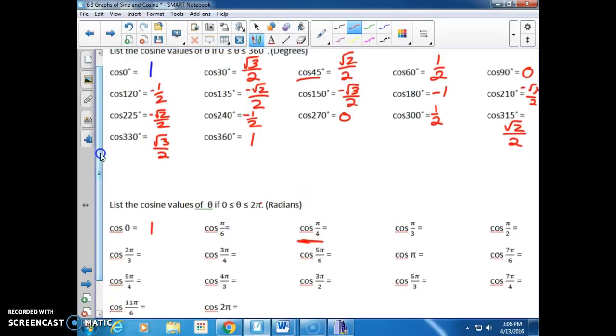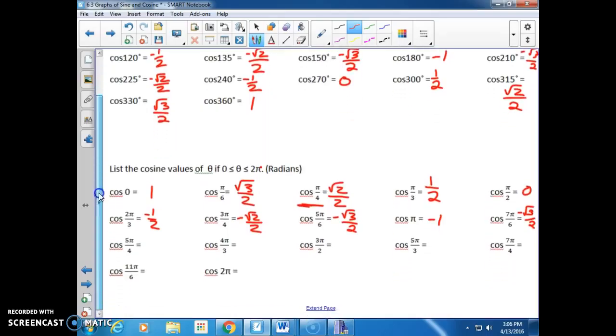So 1, square root of 3 over 2, square root of 2 over 2, 1/2, 0. The next row would be negative 1/2, negative square root of 2 over 2, negative square root of 3 over 2, negative 1, and negative square root of 3 over 2.